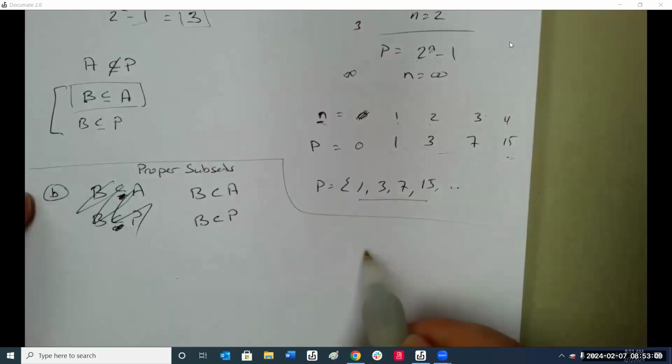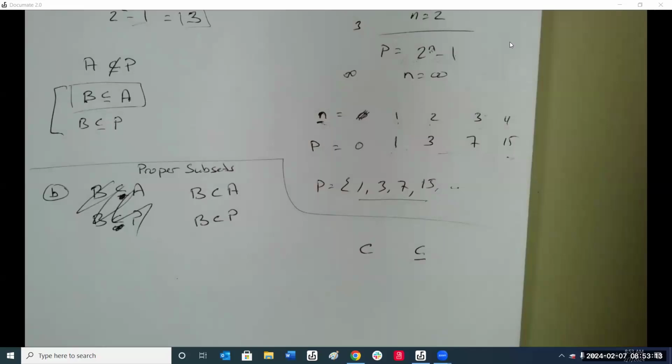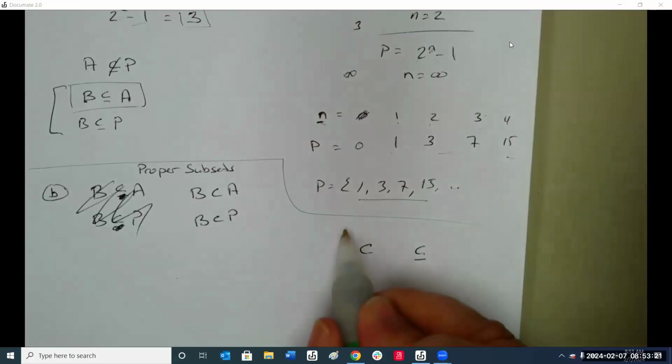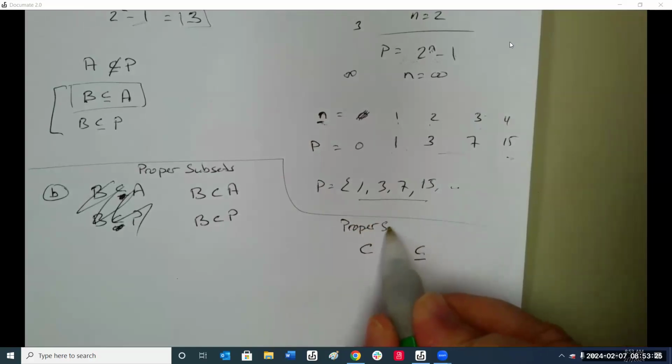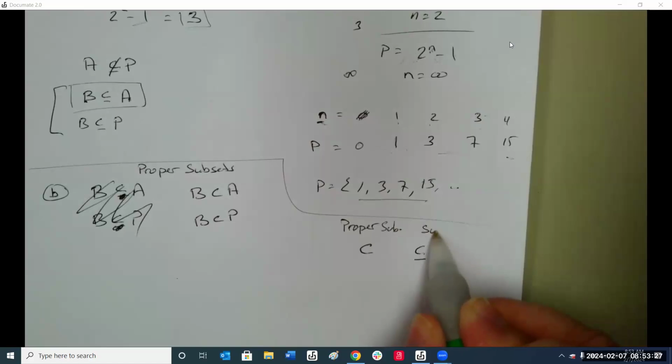What's the difference between this and that? This is proper subset, and this is a subset.